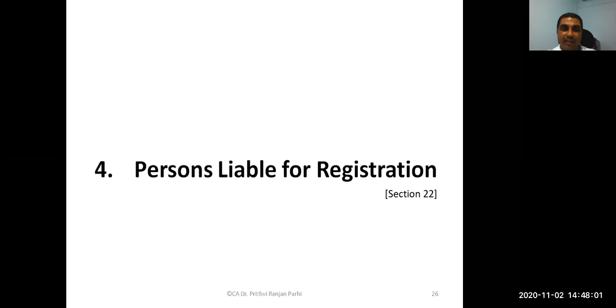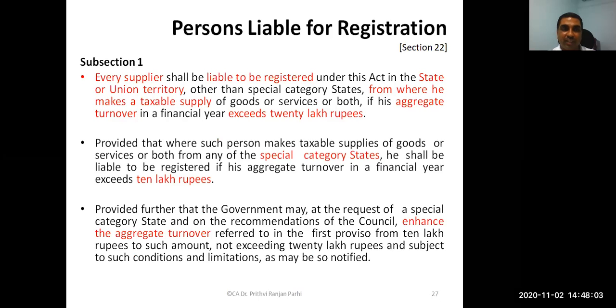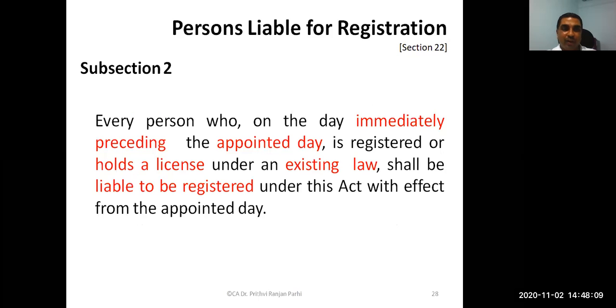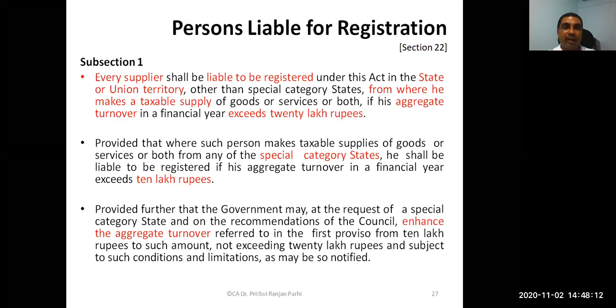Now, coming to persons liable for registration, we have discussed various subsections of section 22. In subsection 1, it is specified that every supplier shall be liable to be registered under this Act in the state or union territory, other than the special category states, from where he makes taxable supply of goods or services or both, if his aggregate turnover exceeds 20 lakh.